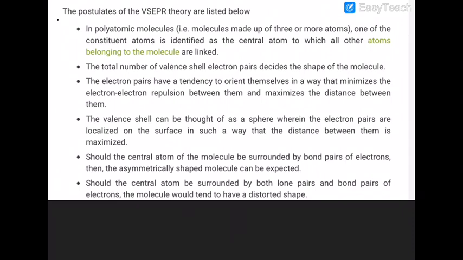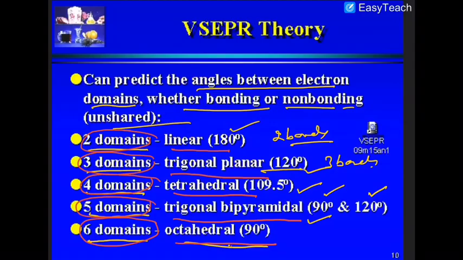Now, since we have got the elementary idea of how hybridization predicts the shape of the molecule in the case when only bond pairs are present, with no lone pair on the central atom, let us look once more.